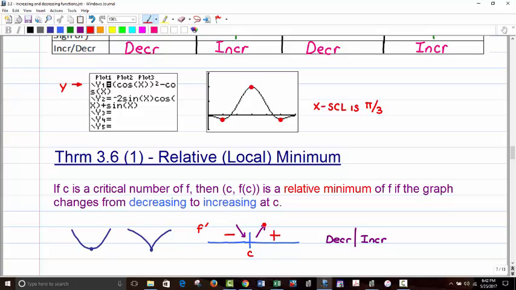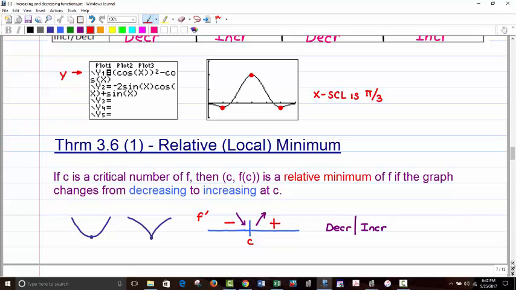That's going to be a local minimum, provided it is an existing point on the graph. So keep in mind that you cannot do that for discontinuities. A discontinuity cannot be a relative min or a relative max. So this only applies to critical numbers.